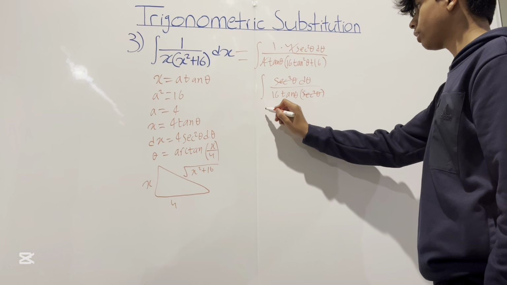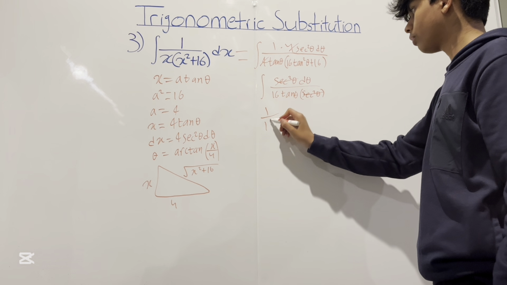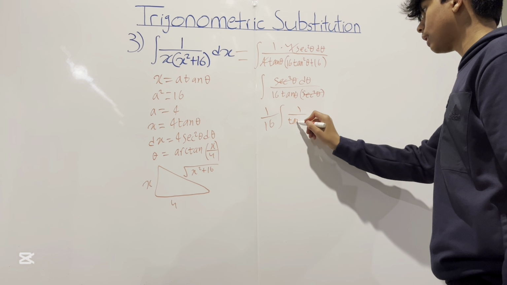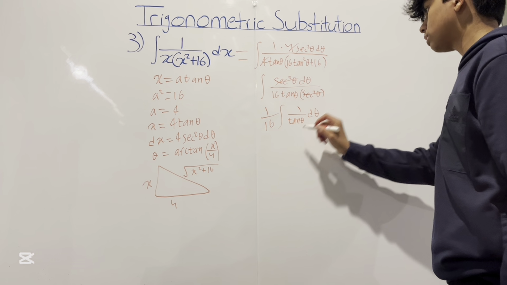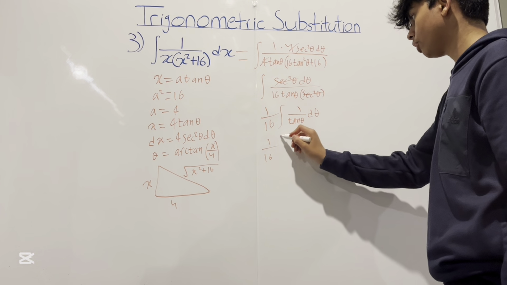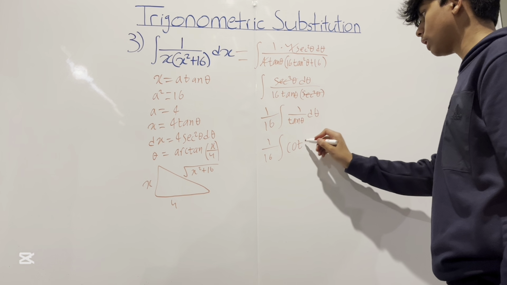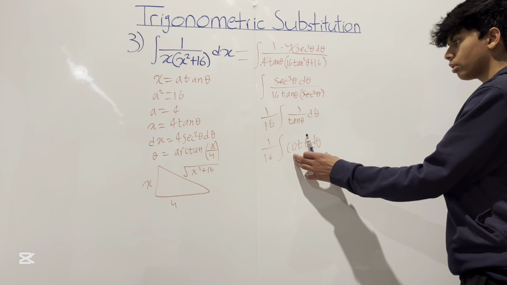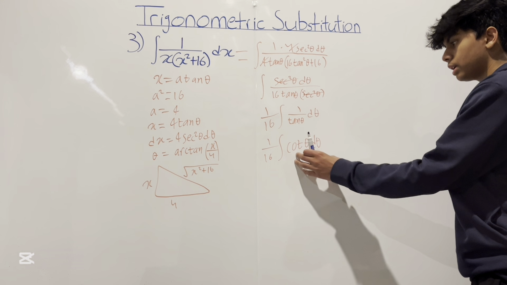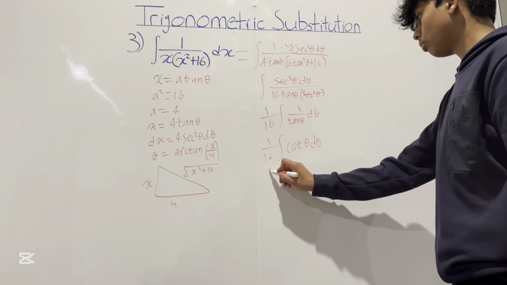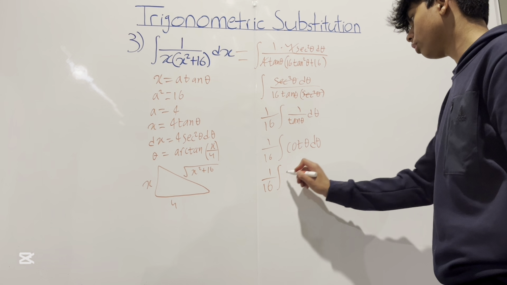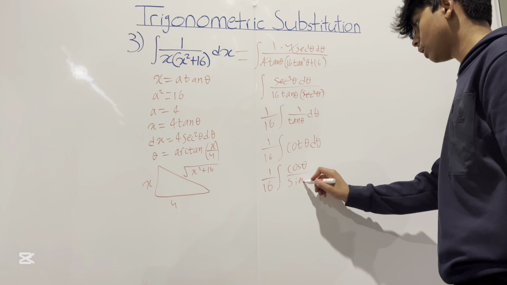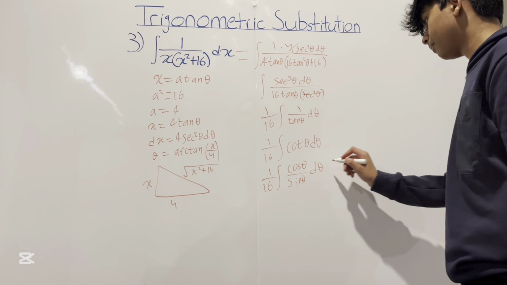So we're just left with 1 over 16 times the integral of 1 over tan theta d theta, which is the same thing as 1 over 16 times the integral of cotangent theta d theta. And cotangent is the reciprocal of tangent, so this is going to be cosine over sine. So 1 over 16 times the integral of cosine theta over sine theta d theta.